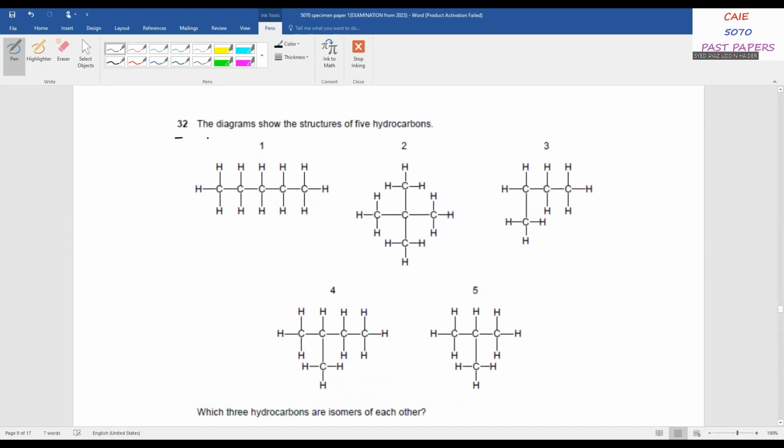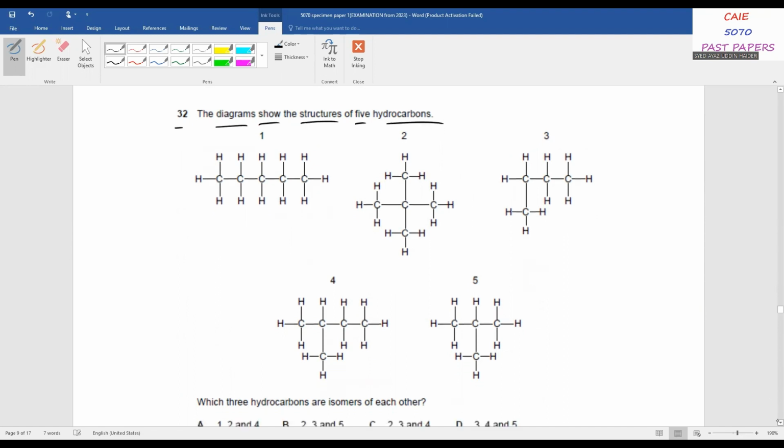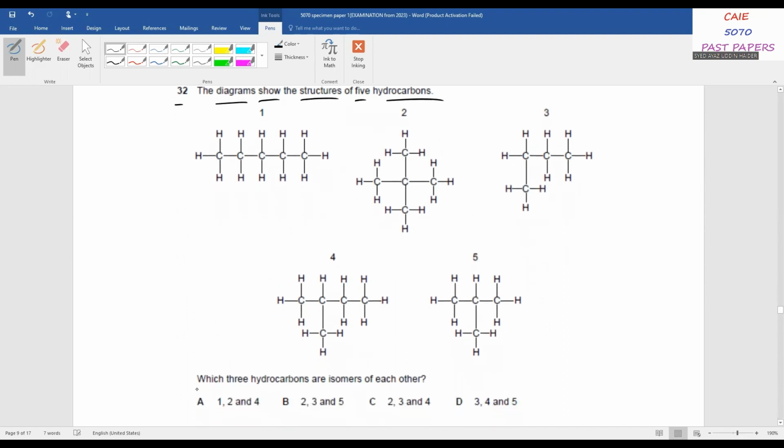Number 32. The diagrams show the structures of 5 hydrocarbons. Which 3 hydrocarbons are isomers of each other? You know the concept of isomers.